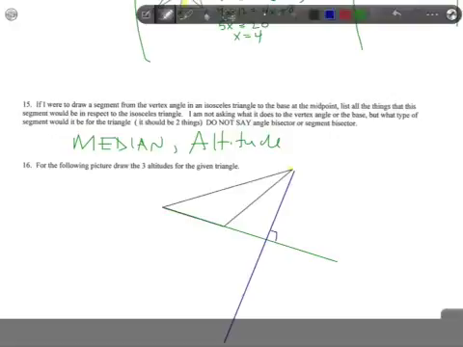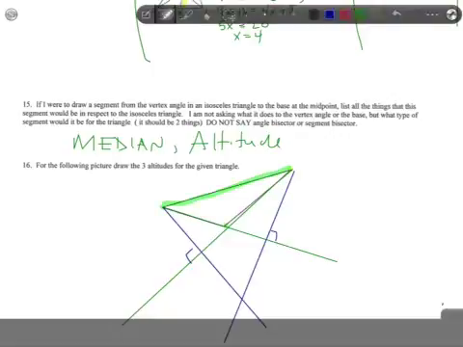The other altitude, I would have to extend this side here, and I want to go from that point there to this side, so that looks like that'd be perpendicular. Again, I just wanted a rough sketch, to see if you knew what you were doing. And then from this vertex to the side opposite it would be this side over here.